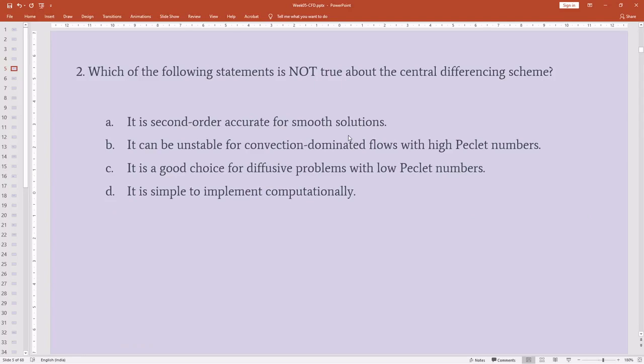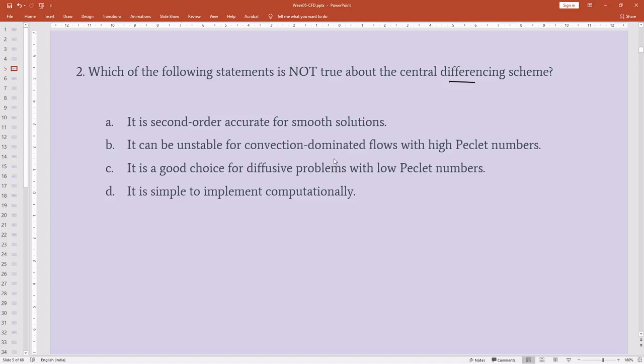So next question: which of the following statements is not true about the central differencing scheme? The options are: Option A, it is second order accurate for smooth solutions.